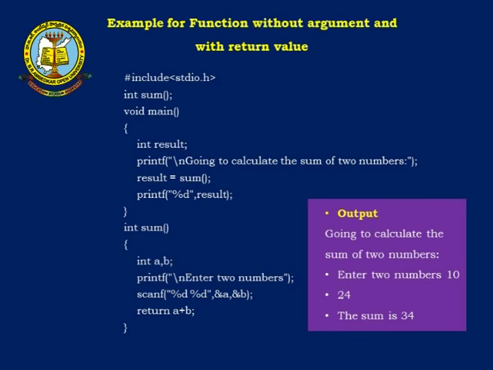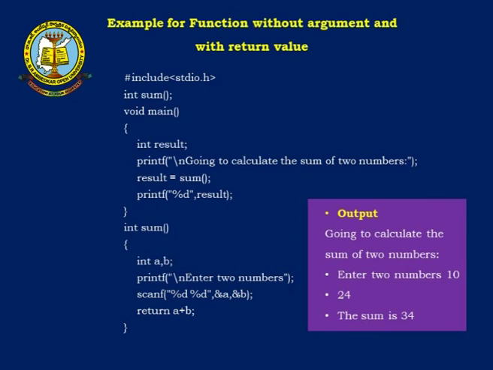And coming to the definition part, what are the properties we mentioned in the function declaration statement, we must follow those while writing the definition part also. If you see the declaration part, int sum. So, same properties we must follow while writing the definition of the function also.